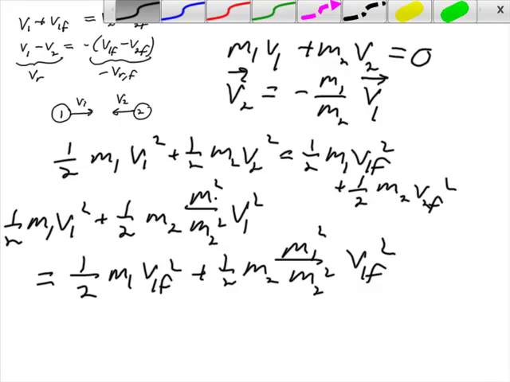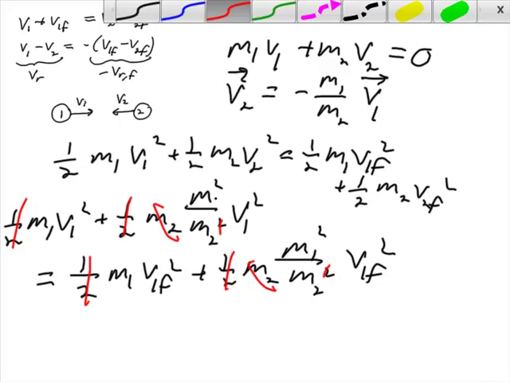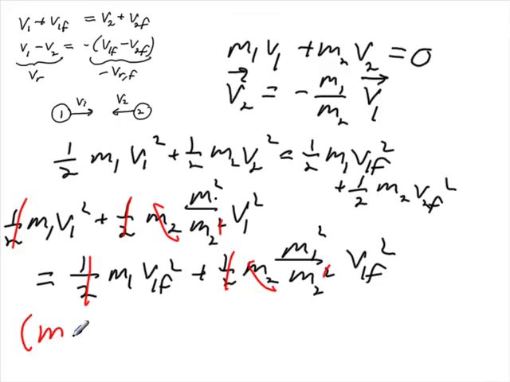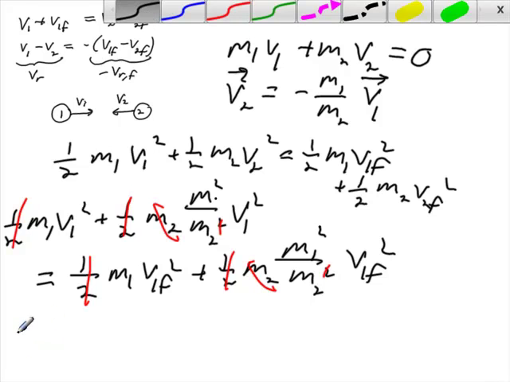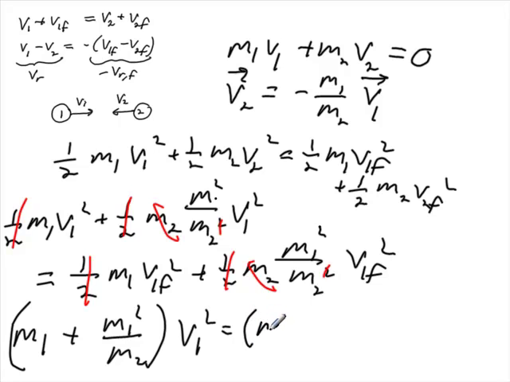When the dust clears here, the 1/2s cancel. Let's see, one of these cancels, one of those cancels. Factor everything out, and I get M1 plus M1 squared over M2 times V1 squared equals M1 plus M1 squared over M2 times V1 final squared.